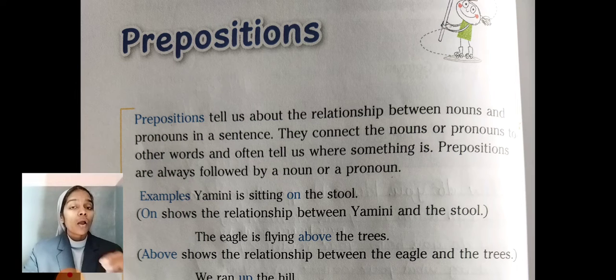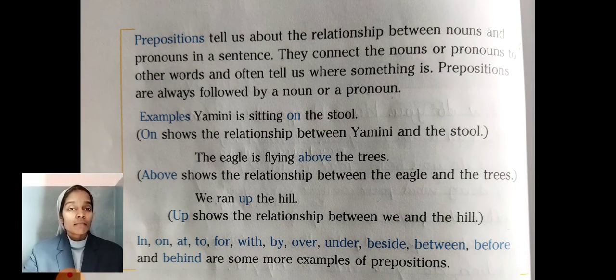Yamini is sitting on the stool. So here the word on, a preposition, shows the relationship between Yamini and the stool.